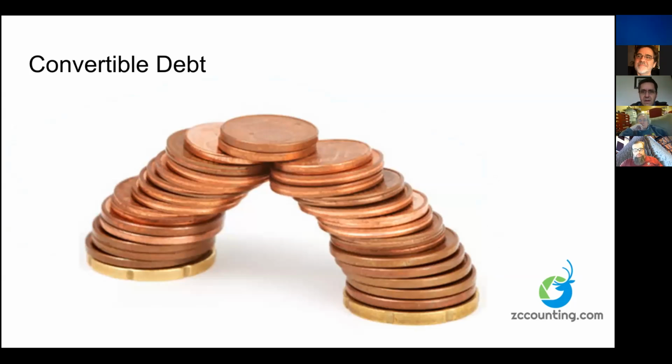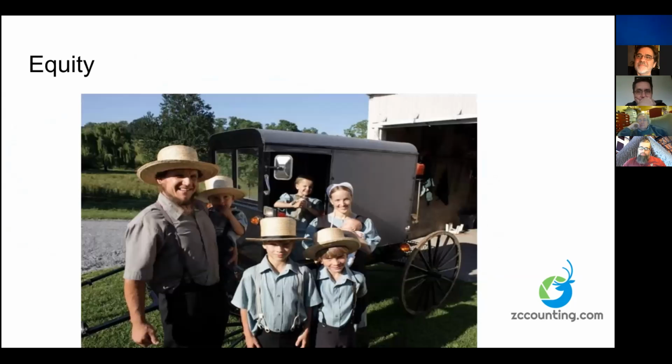So the convertible debt instrument is essentially saying, we don't know what the valuation of our company is today. We don't really want to go through issuing shares, but we want to provide you an instrument that will eventually turn into shares of our company at a max valuation. And so convertible debt is always a bridge to a future equity funding.